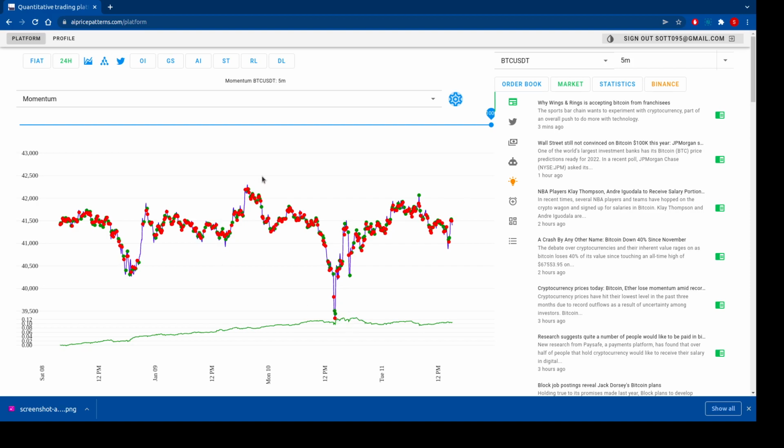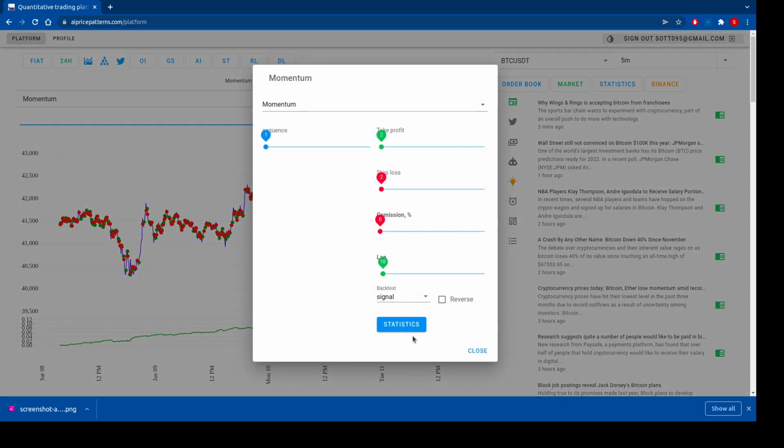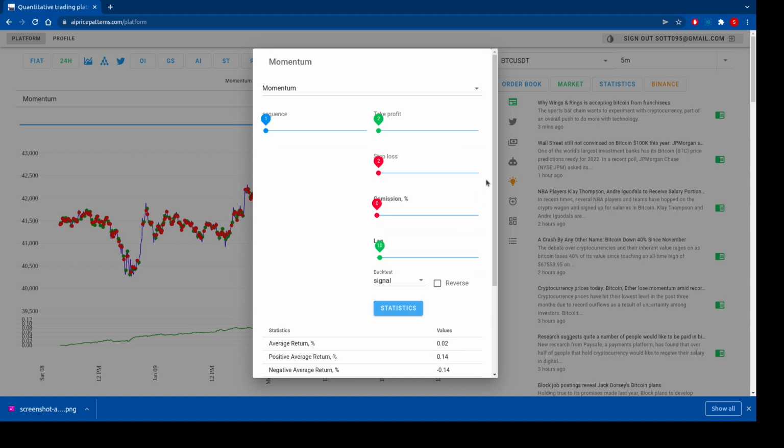For example, for several days I traded the momentum strategy with one sequence bar, because this dependency was saved for several days. And let's check some statistics about the strategy.